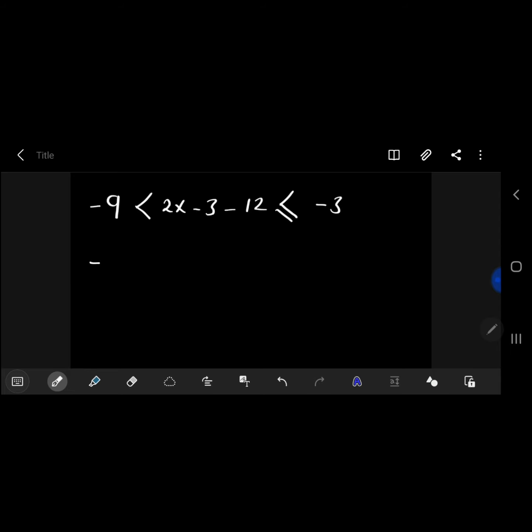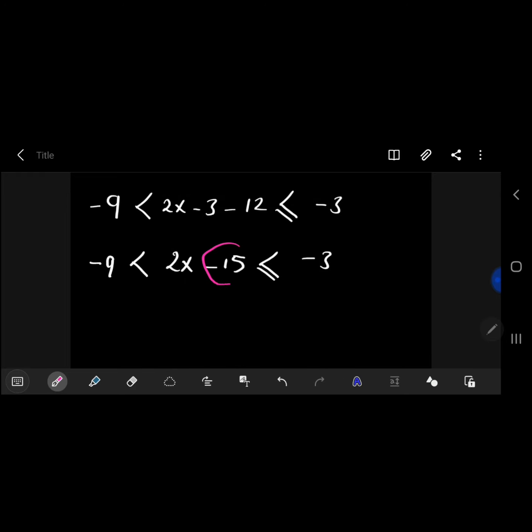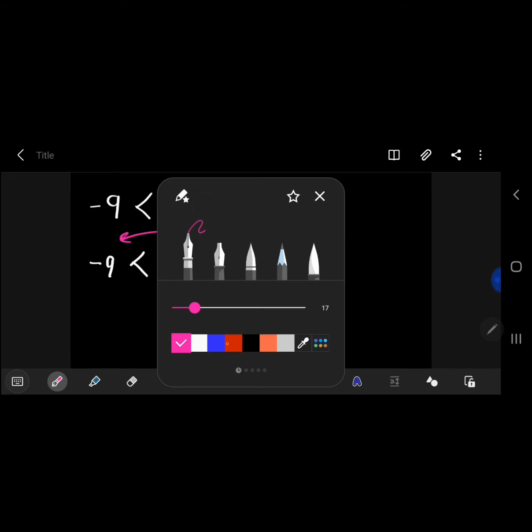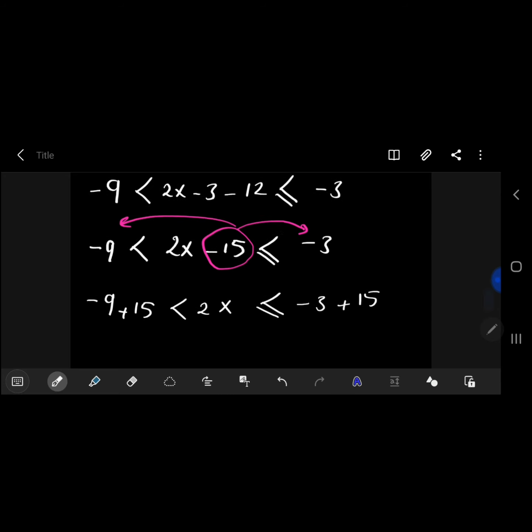The first thing, minus 9 smaller than 2x minus 3 minus 12, equal to minus 15, smaller than or equal to minus 3. Now I will move minus 15 from here to the left and right side. It will be plus 15, so minus 9 plus 15 smaller than 2x, smaller than or equal to minus 3 plus 15.